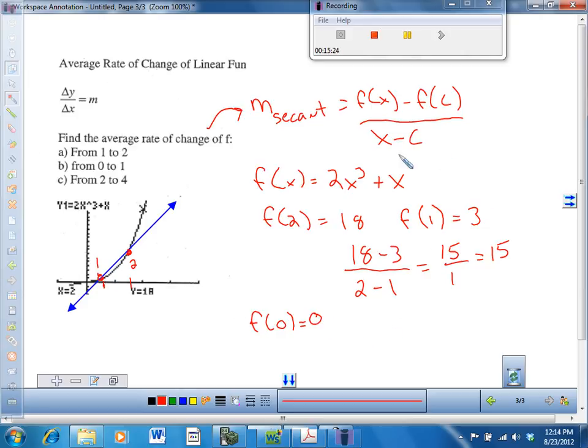So that would be 3 minus 0 over 1 minus 0, which is 3 over 1, which is just 3. So in other words, the slope of this curve from here to here is 3, whatever those units happen to be, and the slope of this right here is 15.